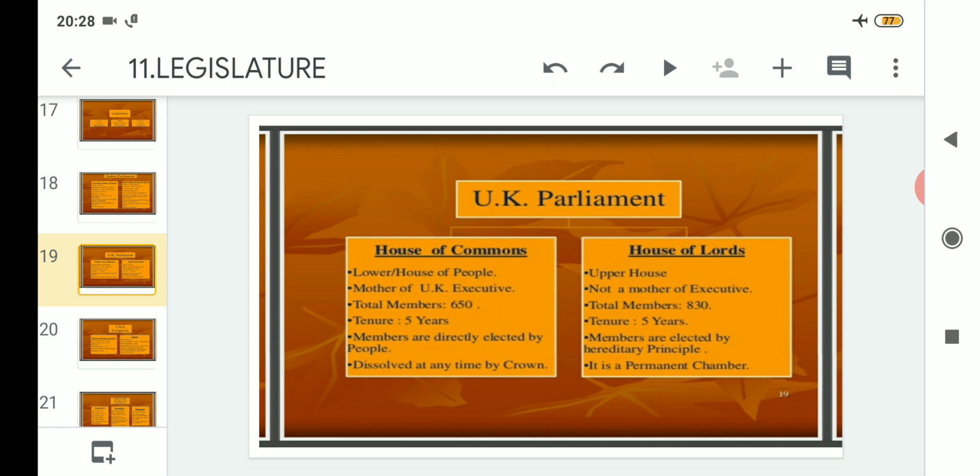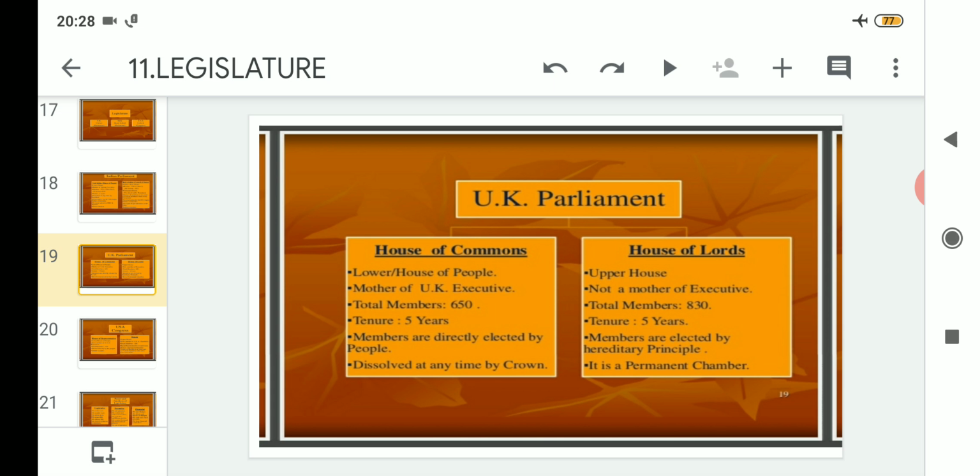That means 3 times more as compared to India, and their tenure is 5 years, 1 year less than the Rajya Sabha, the upper house in India. It has 6 years of tenure, and in the Rajya Sabha, 1/3 of the members retire after every 2 years.